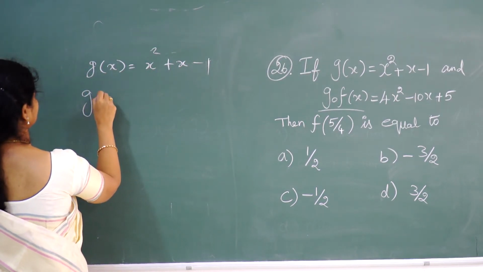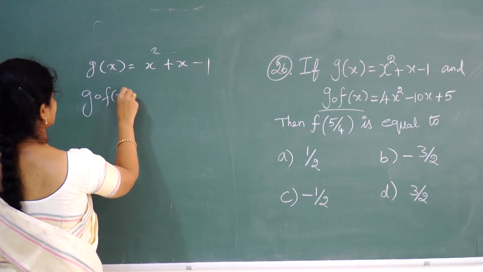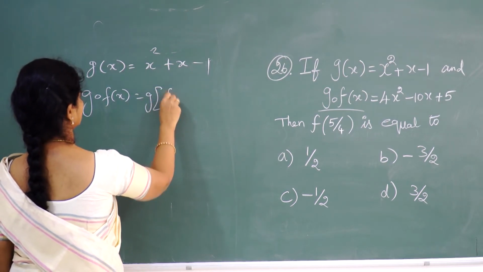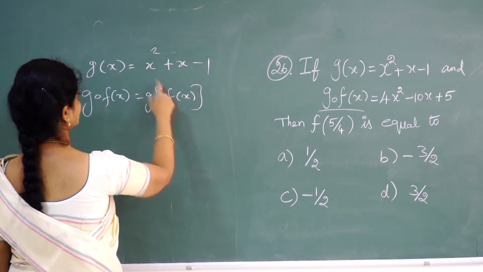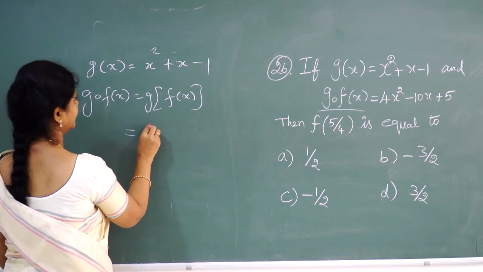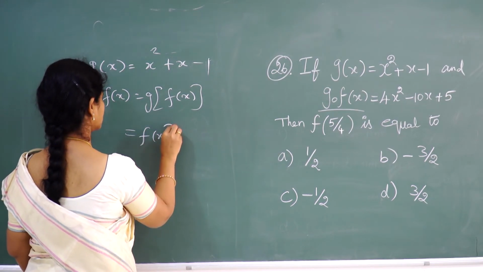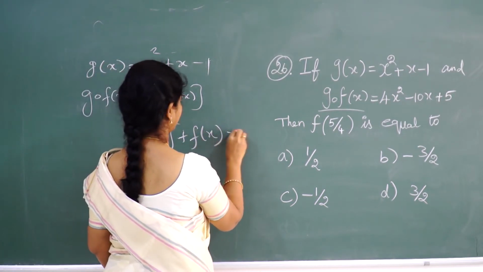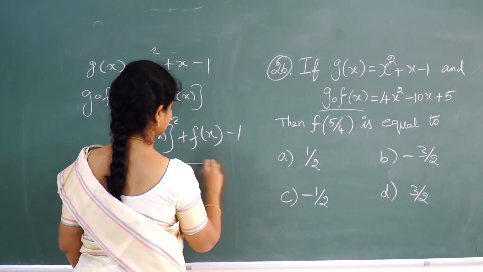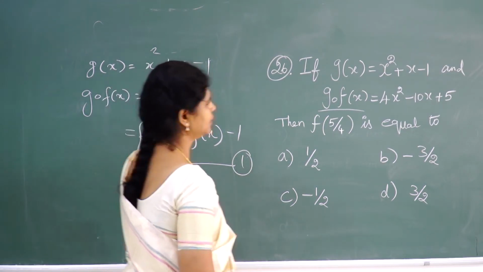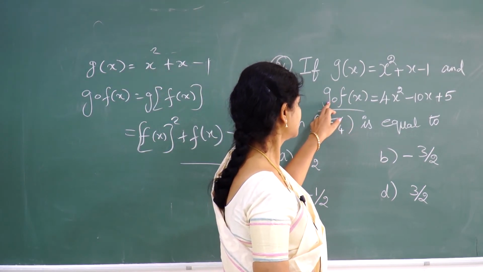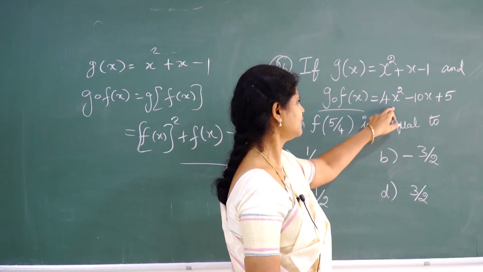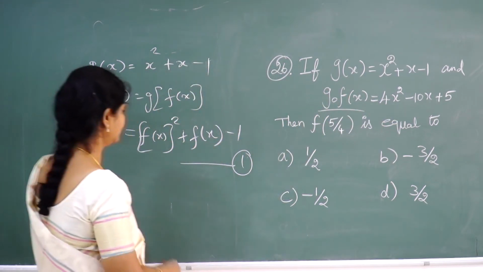Now g composite f of x is g of f of x. So in the place of x you substitute f of x, you get f of x the whole square plus f of x minus 1. Okay, this is number 1. Here the second equation is already given, that is g composite f of x. So write down that value.